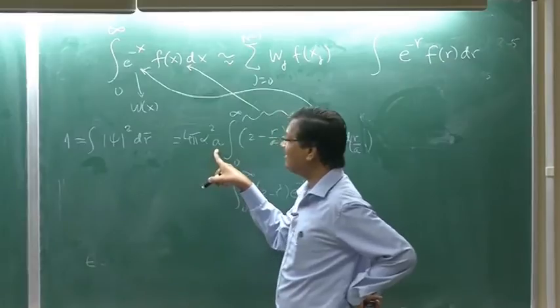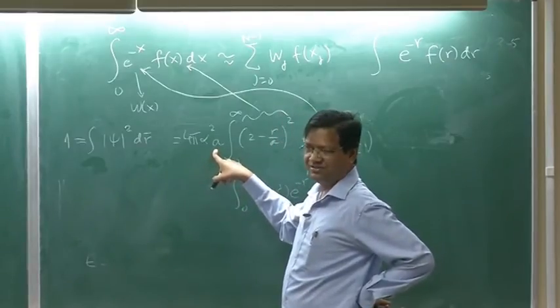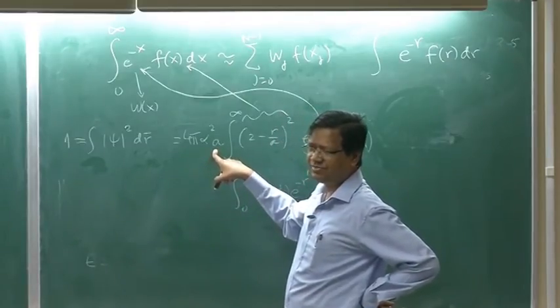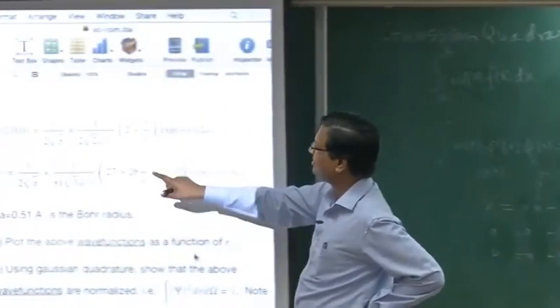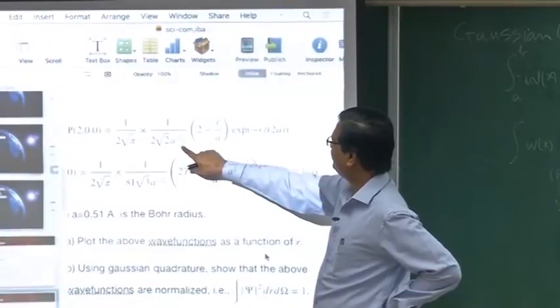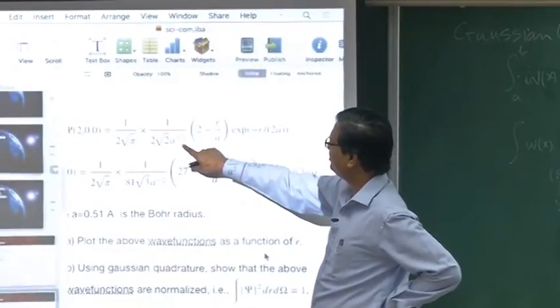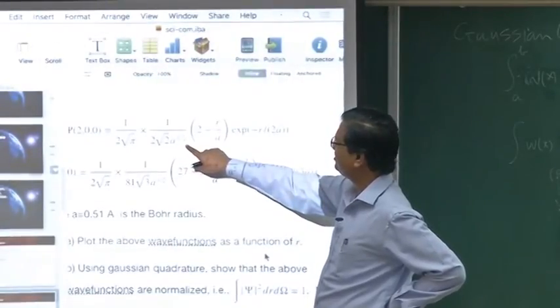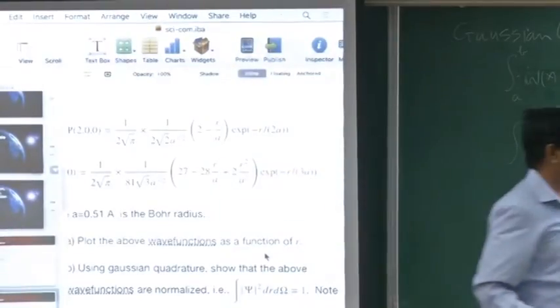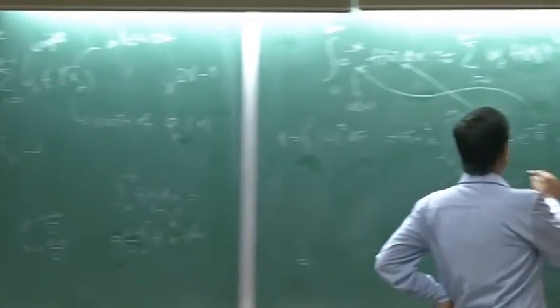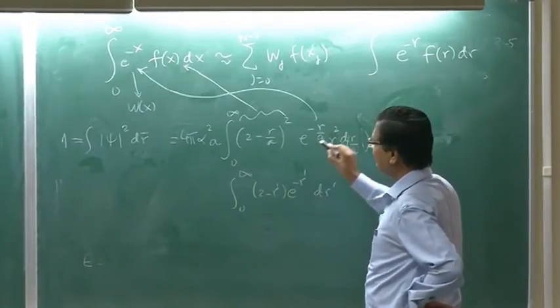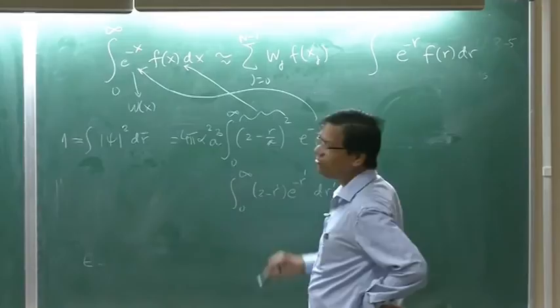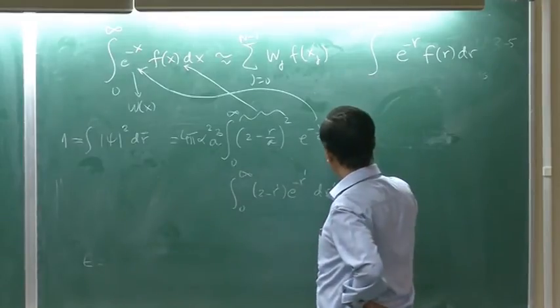So this a must cancel with something. Where does it cancel? Alpha squared has, very rightly, a to the 3 by 2. Yes, r squared. So we made a mistake: it is r squared dr, not r dr. So in fact I should put a cubed outside, because I have to divide by r by a.